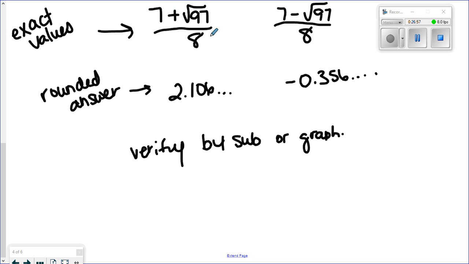For substitution, best case is you're putting in these exact values. It's probably a little bit easier to use your rounded values, but you need to keep lots of decimal places. Otherwise, you'll end up with your left side not being equal to your right side. If it's off by a little bit, like if I don't have a calculator with me, so I can't really do it right now, but try substituting in x is equal to 2.106 into the original equation.